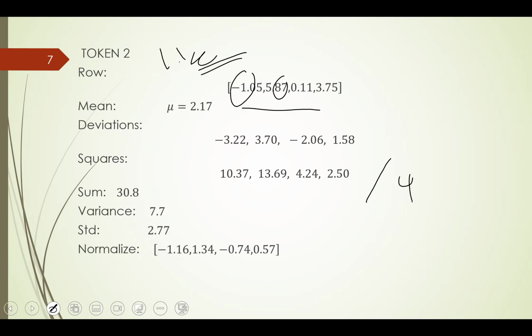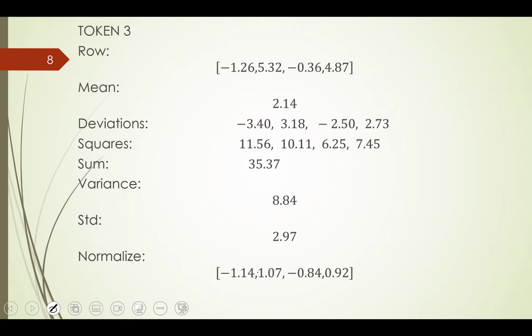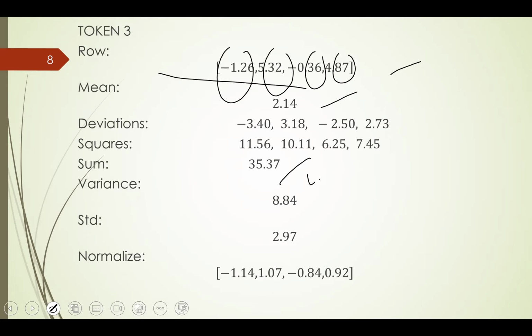Then we divide each deviation by 2.77 and get the normalized second row. For the third token, same thing: we get the sum, the mean, subtract each value from the mean, square them, divide by 4 to get the variance, and then normalize the deviations.